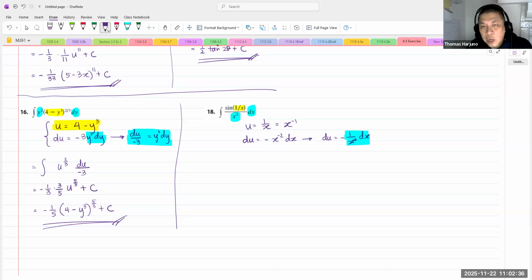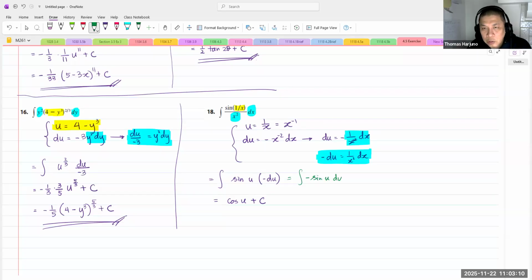So negative du equals 1/x squared dx. Now my integral becomes the integral of sine u times negative du. I can rewrite this as the integral of negative sine u, which is cosine u. Then put that u back.